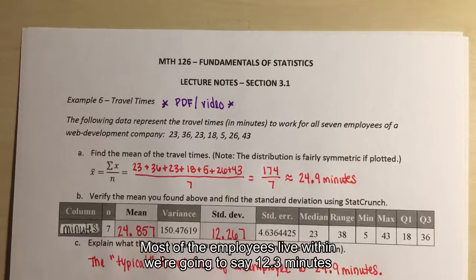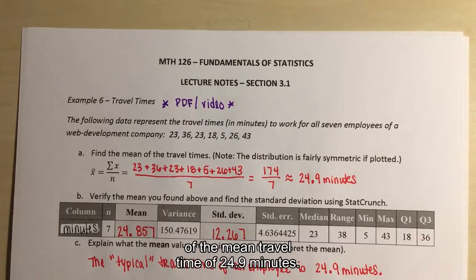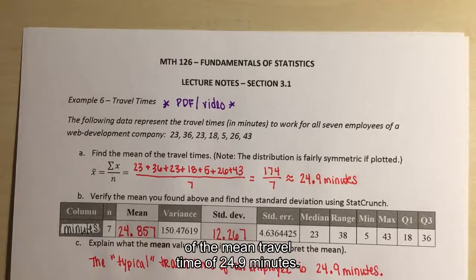Most of the employees live within, we're going to say, 12.3 minutes of the mean travel time of 24.9 minutes.